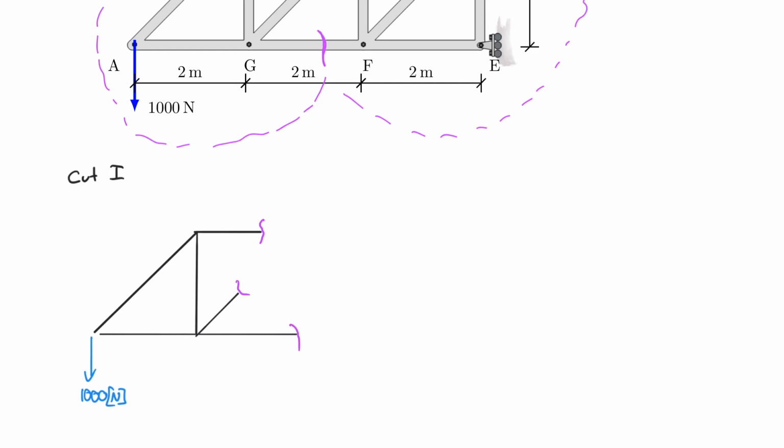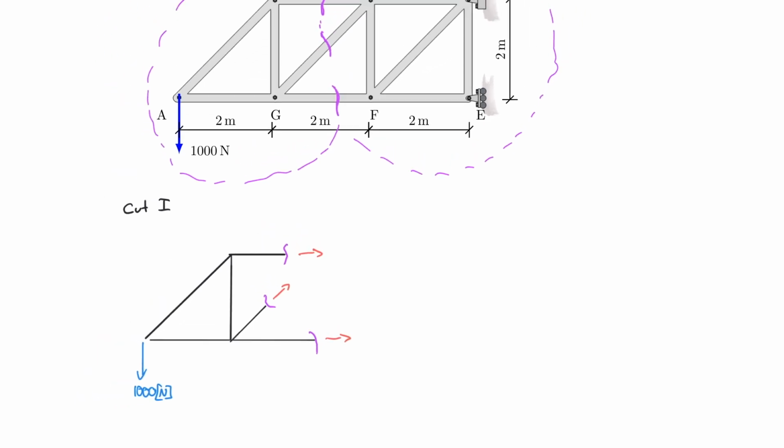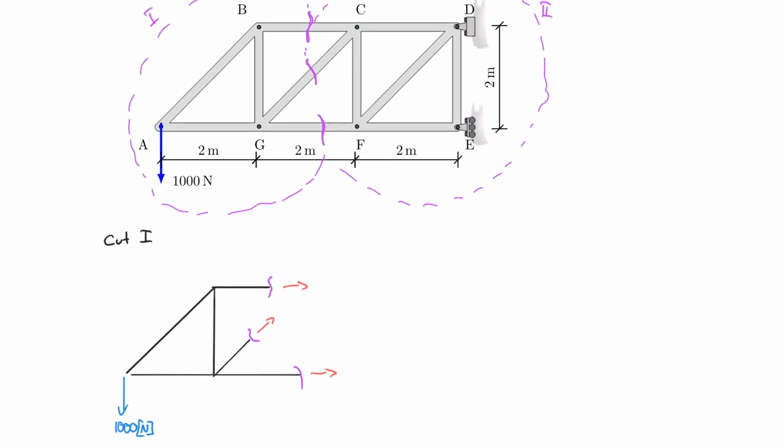And let's identify our forces. And originally, we always assume everything to be in tension. And we are dealing here with BC up there, CG, and GF.